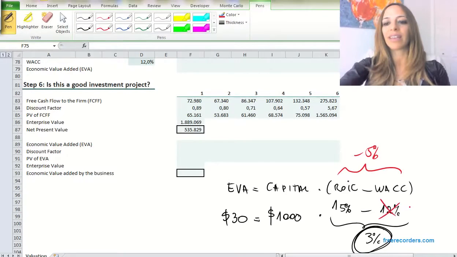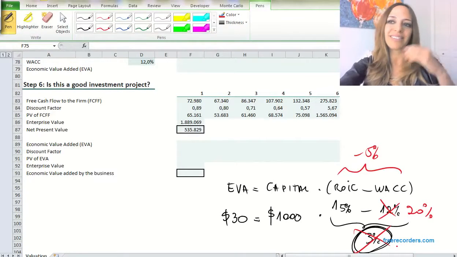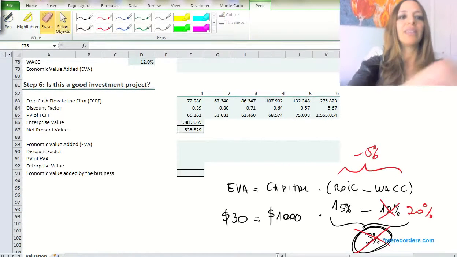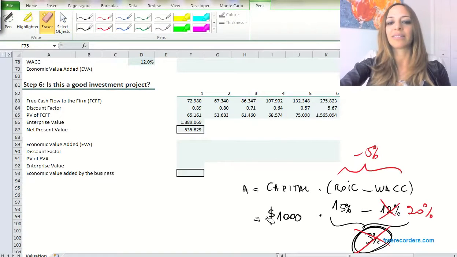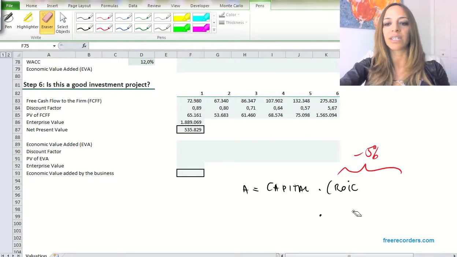For example, in case the weighted average cost of capital is 20%, then you are destroying value in this case, and growing will only have the opposite effect, will destroy more value. You don't want to grow a company that has a negative spread between the return on invested capital and the weighted average cost of capital.